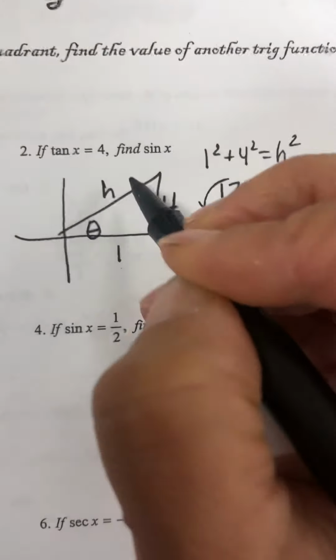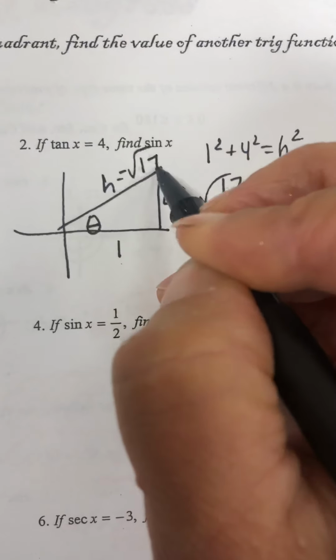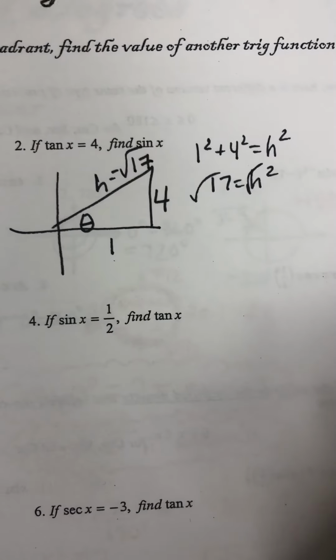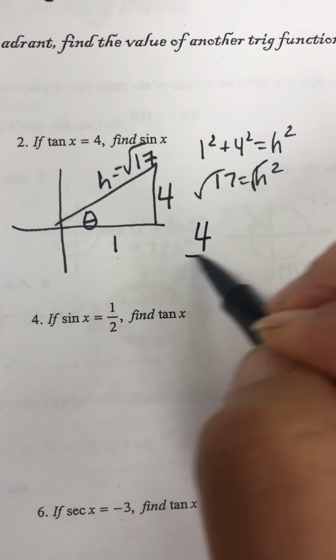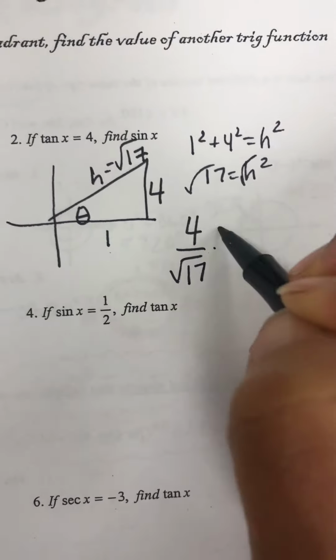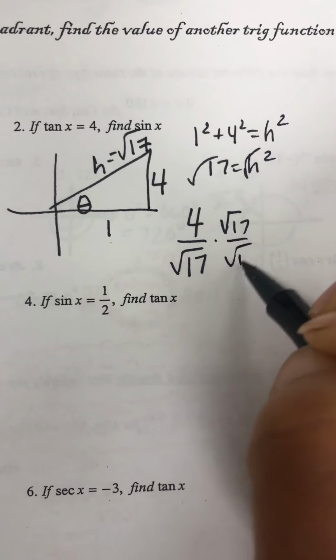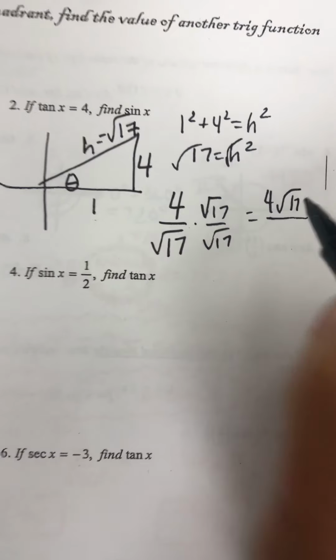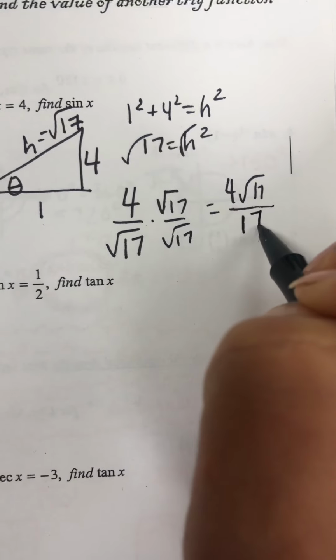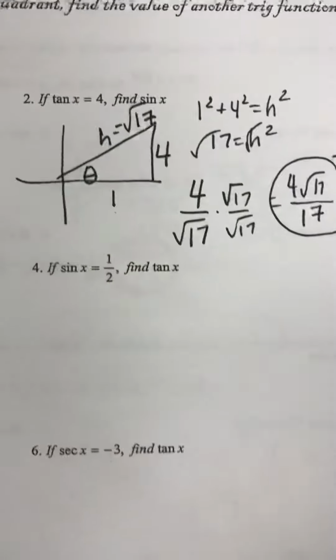So wouldn't the hypotenuse equal square root of 17? Well, yes, it would. So what's the sine of that angle? Well, sine is opposite over hypotenuse. And of course, we got to rationalize that real quick. So it's going to be 4 root 17 over 17. Perfect.